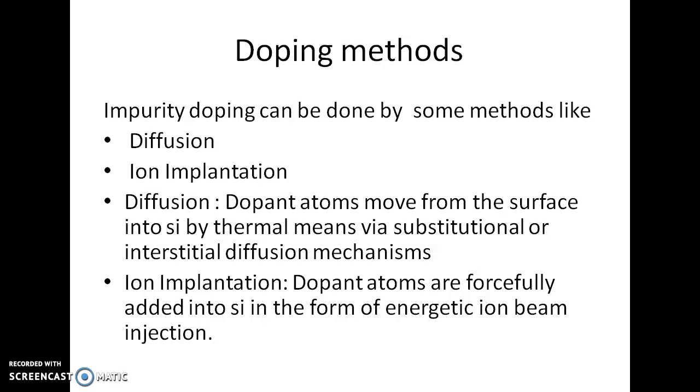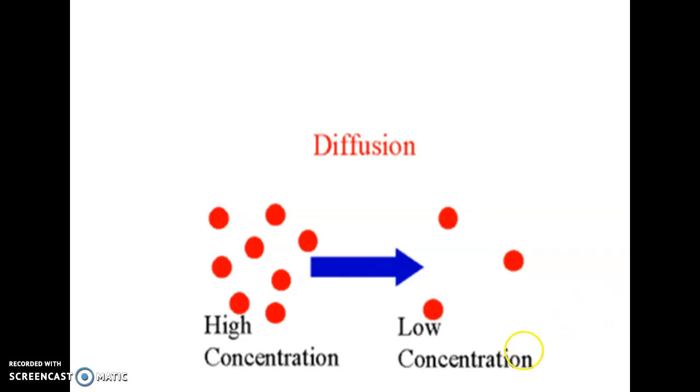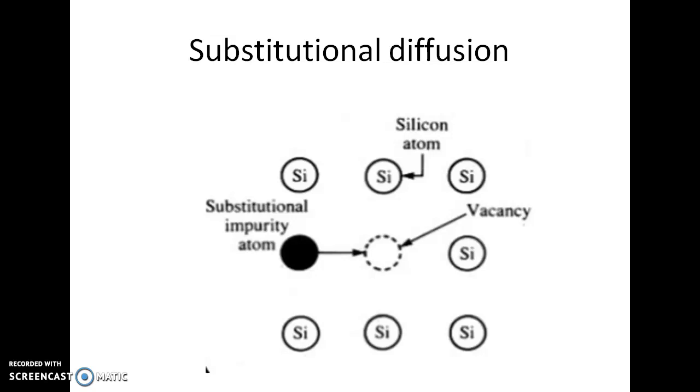Ion implantation is a process in which the dopant atoms are forcefully added into the silicon in the form of a high energy ion beam. This is the diffusion process. In this figure you can see many atoms moving to the lower concentration. To maintain equilibrium, whenever a concentration gradient is present, diffusion takes place.